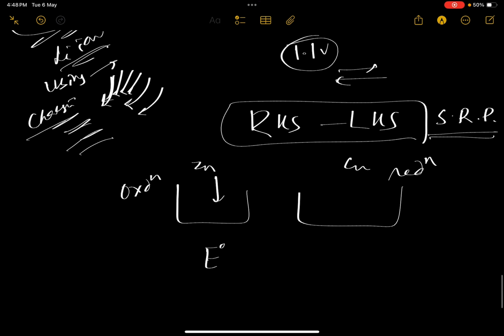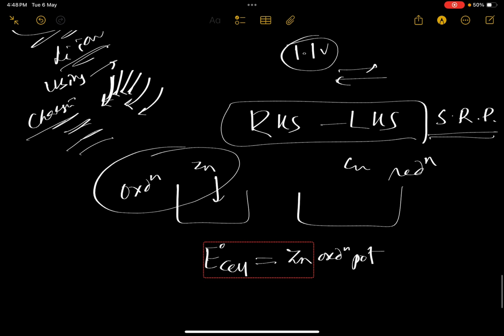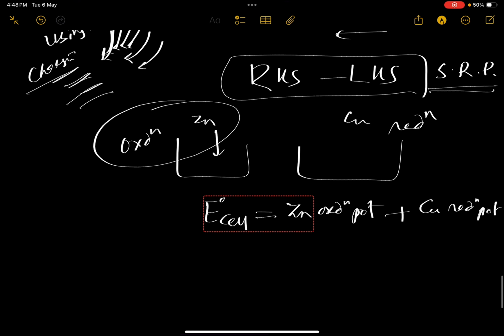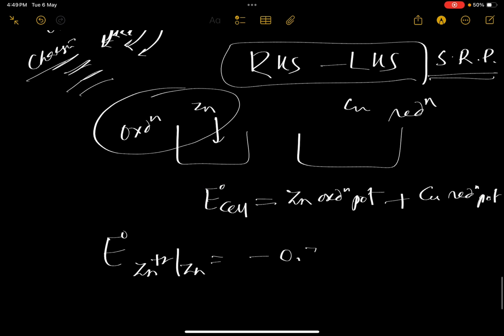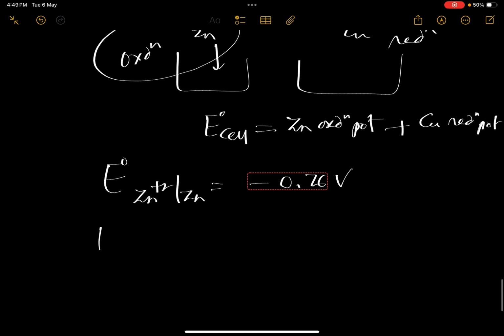So if you want E0 cell, then you need to take the zinc oxidation potential and the copper reduction potential. Got it? And if E0 Zn plus 2 by Zn is minus 0.76 volts, see carefully, E0 Zn by Zn plus 2 will be plus 0.76 volts.